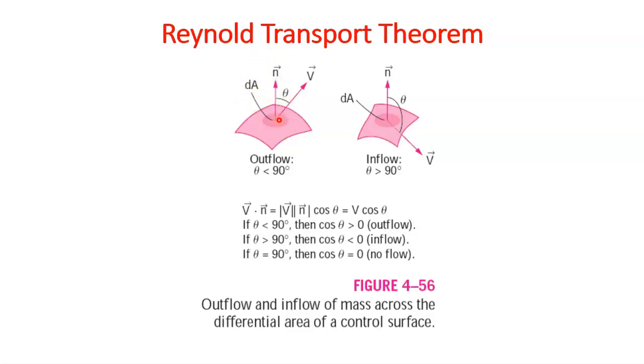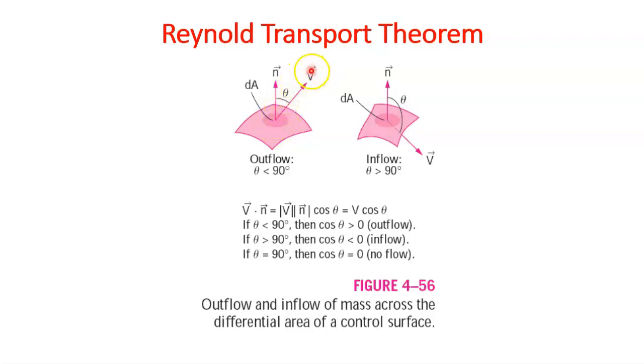And v bar is the velocity with which the outflux is leaving the surface, and here this theta has to be less than 90 degrees, only then it will leave the surface, otherwise it will not.